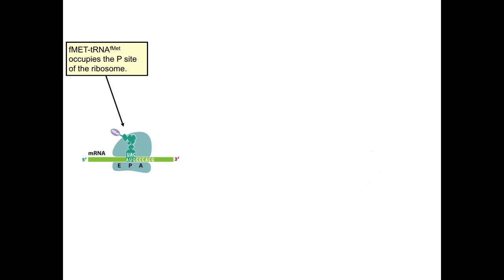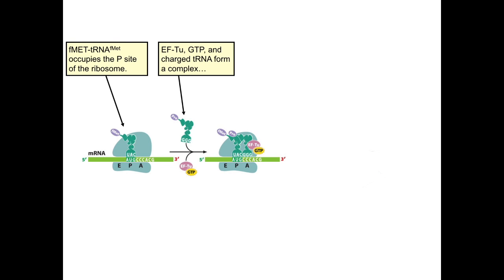The methionine tRNA occupies the P site of the ribosome. Elongation factor 2, GTP, and charged tRNA form a complex that enters the A site of the ribosome.